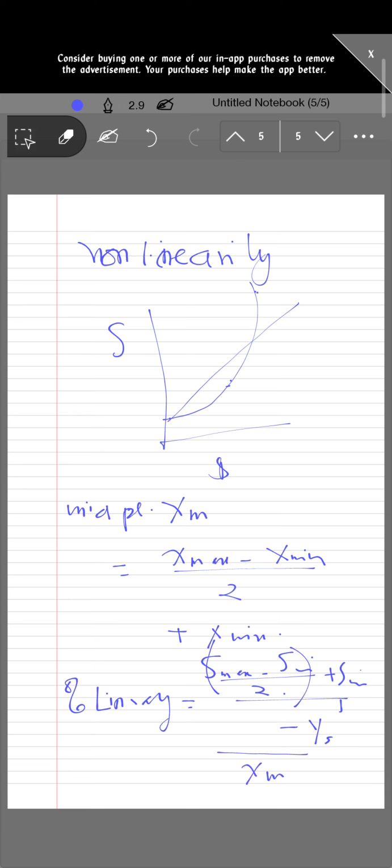So this gives the linearity or percentage linearity.